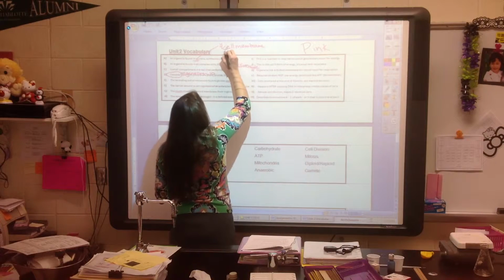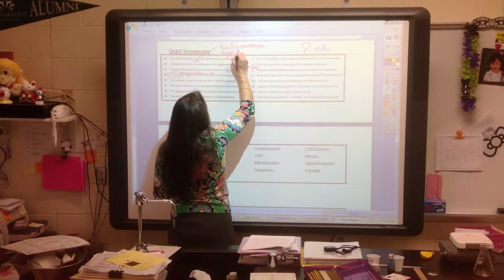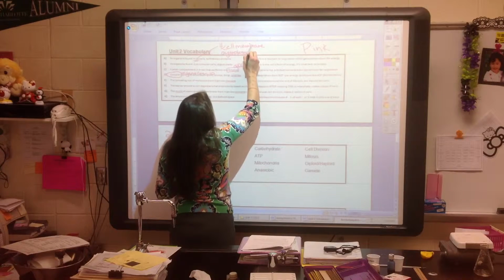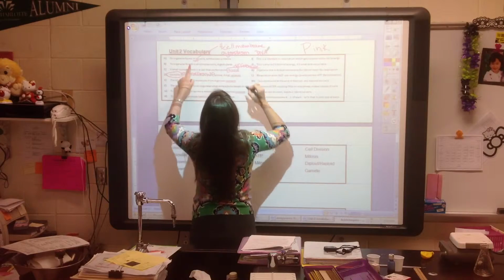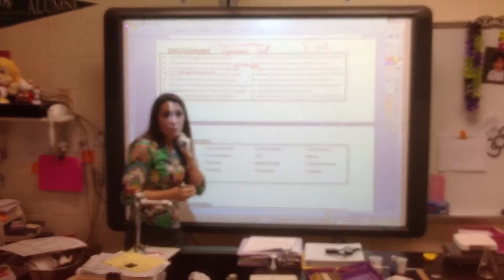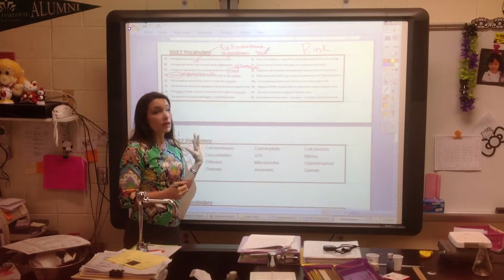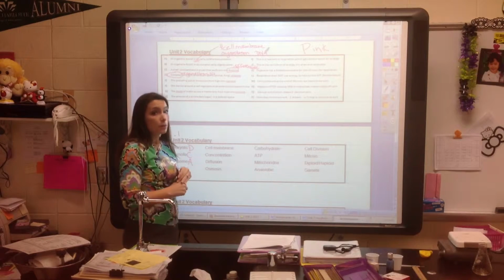All cells have a filling of the cell called cytoplasm. All cells have DNA, and all cells have a ribosome. So no matter what type of cell you're looking at, all cells have those 4 parts.